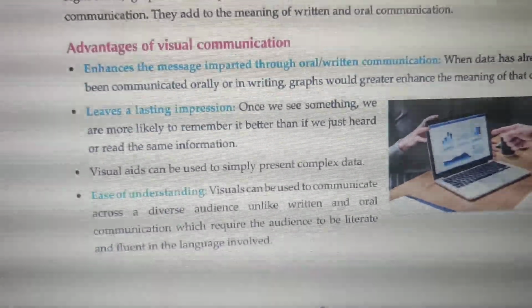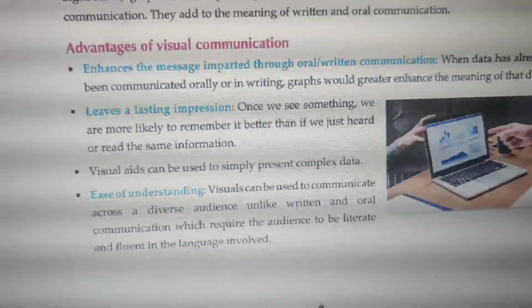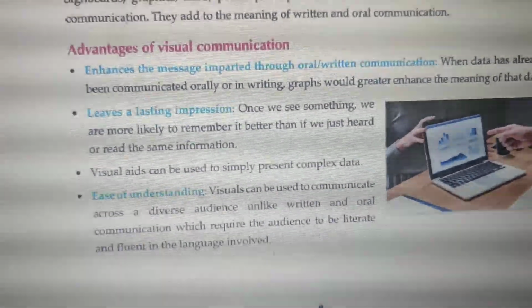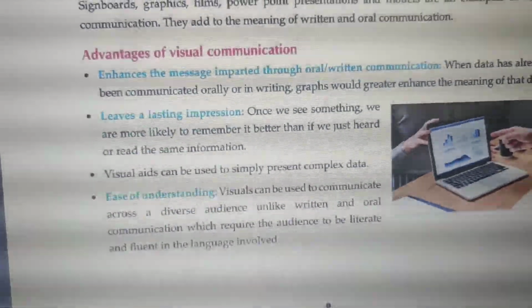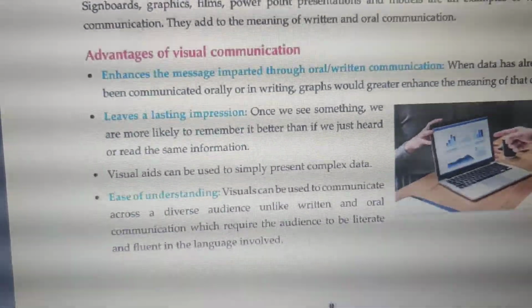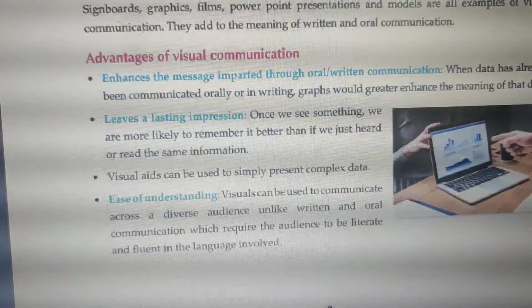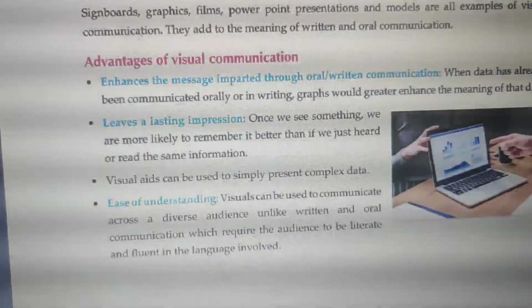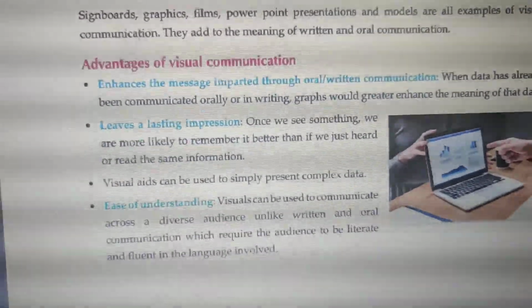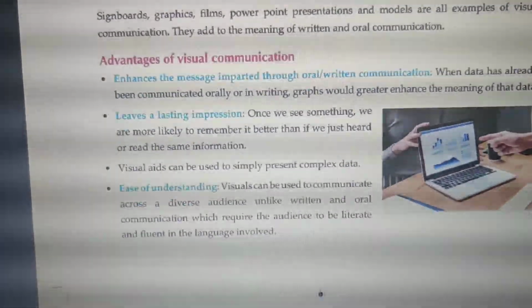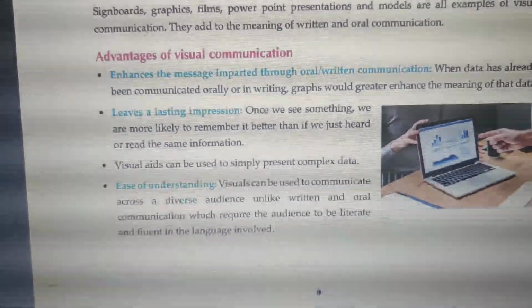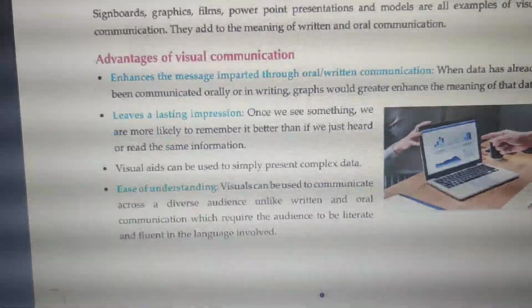Unlike in written and oral communication, the audience should know the language in which we are talking, or the audience should be literate so that he or she can understand. But in visual communication, we don't need that much of a platform. We only need a diverse audience, so that if the audience is not getting the particular language, the audience can see the video and understand the meaning.